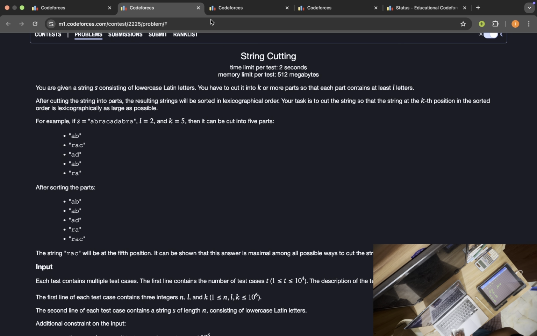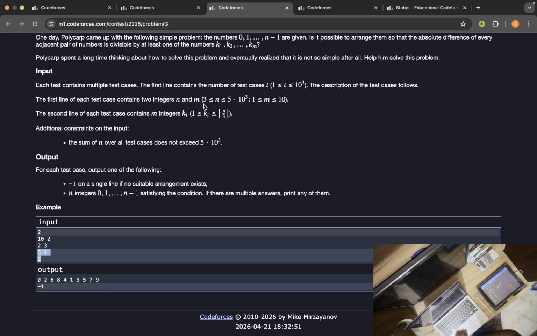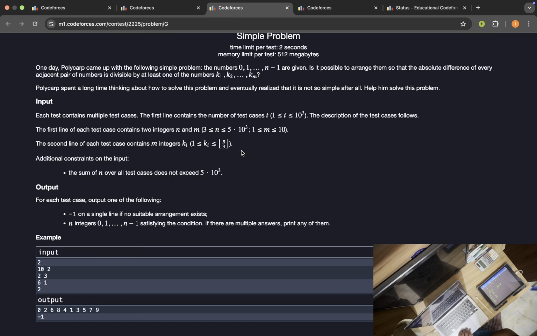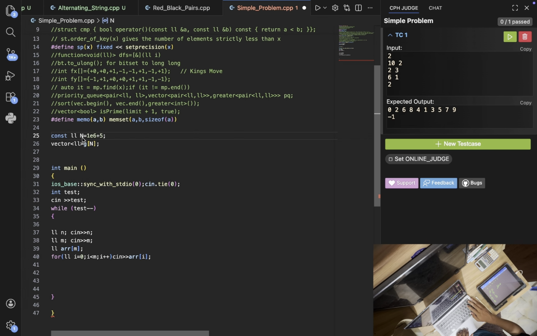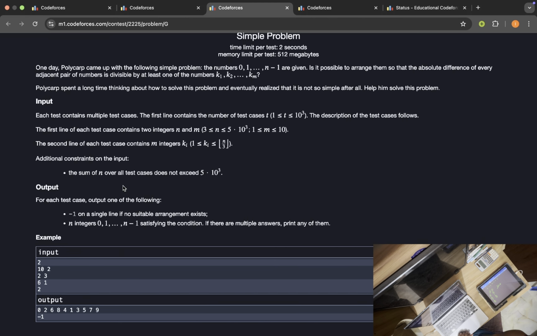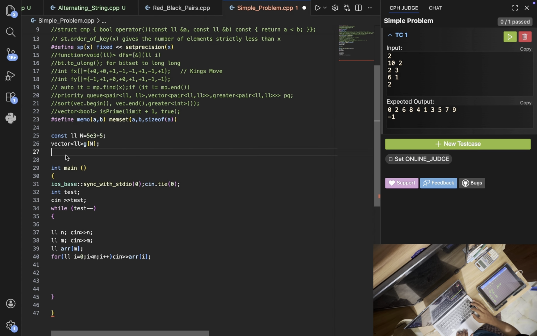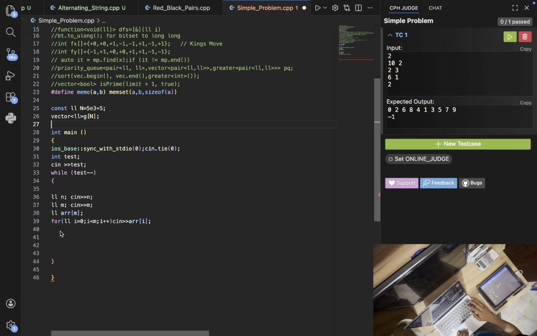The value of n is 53 only. Test cases 10 to the 3, 10 to the 6, yeah, 10 to the 7. Okay.